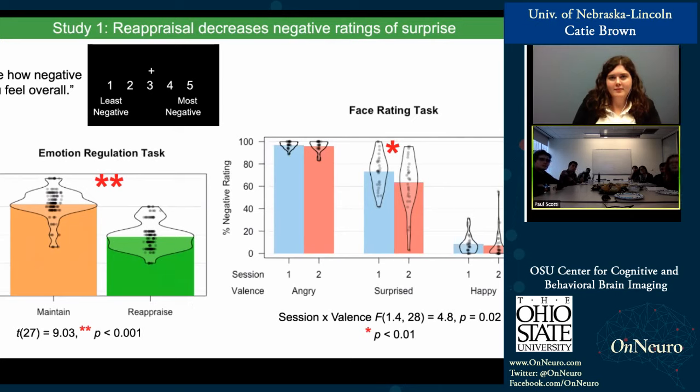So I guess, to follow up on that question, I'm thinking about the people in the difference plot that you showed that were not affected by the training.